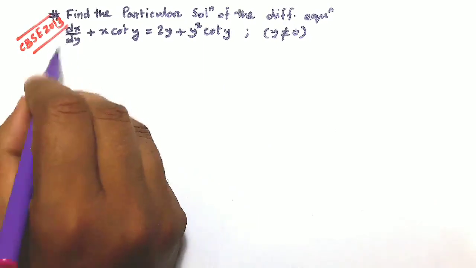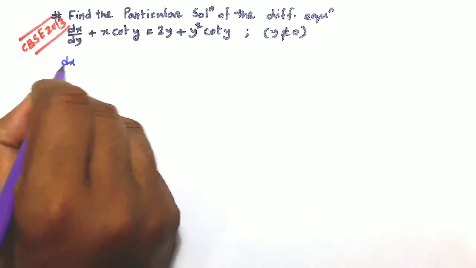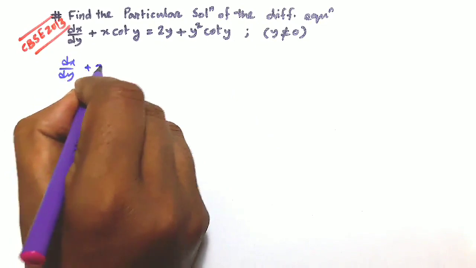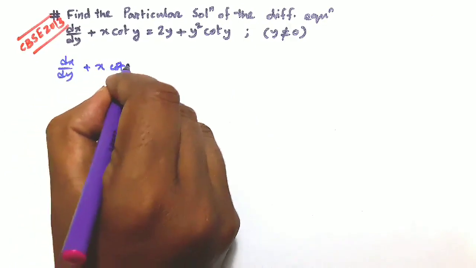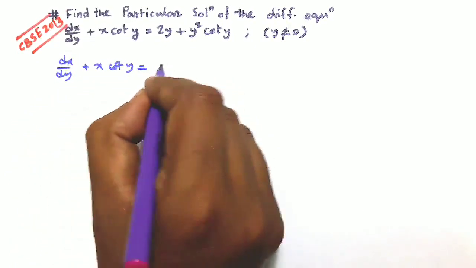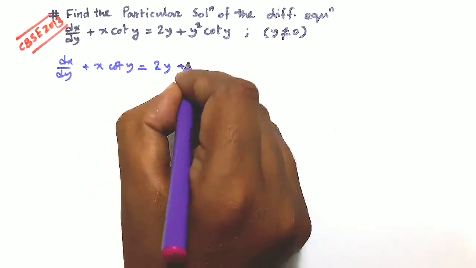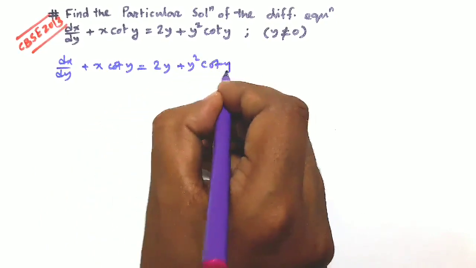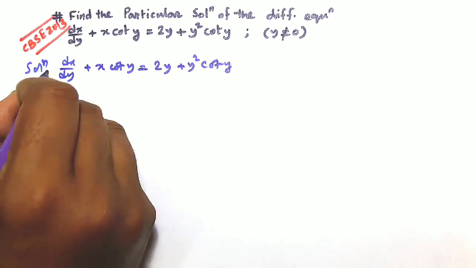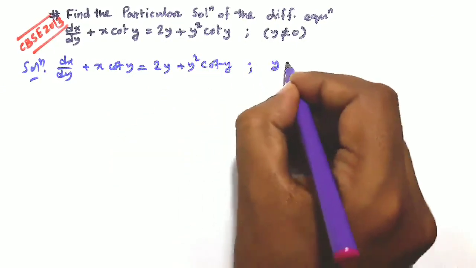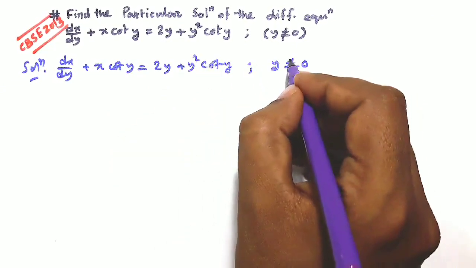Friends, it can be written now, dx/dy plus x cot y is equal to, I again write this one, 2y plus y square cot y, okay, and the condition is given, y is not equal to 0.